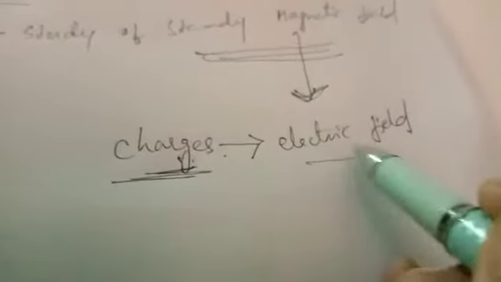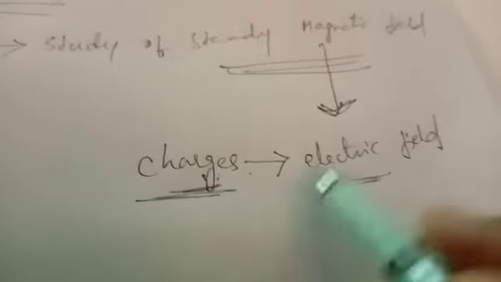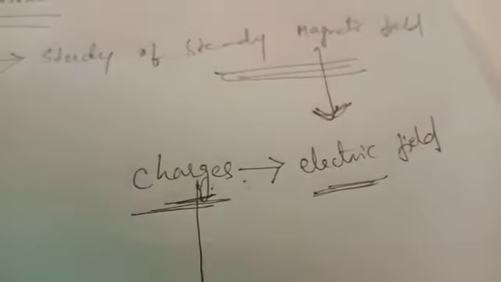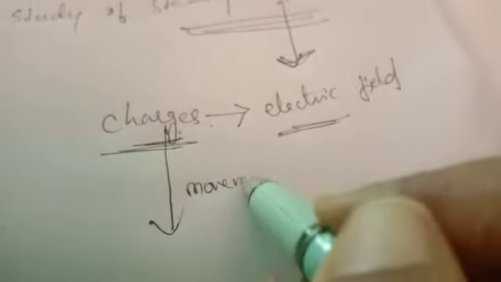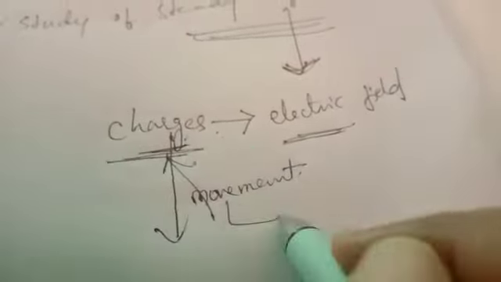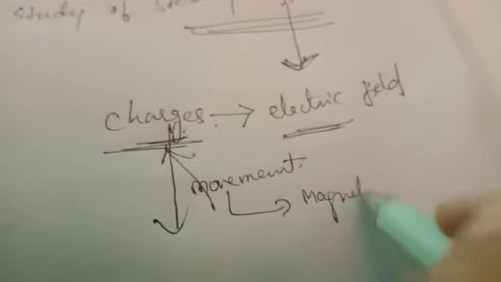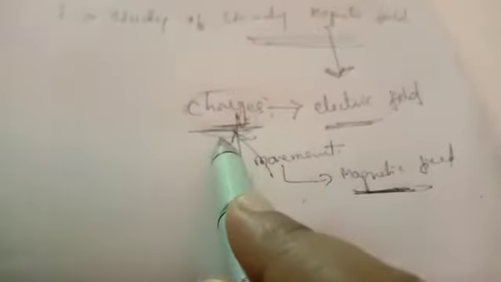Similarly, if there is a movement in the charges, then there exists a magnetic field. So we are talking about the movement of charges. How can there be a motion in the charges?